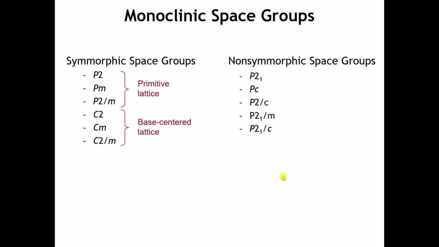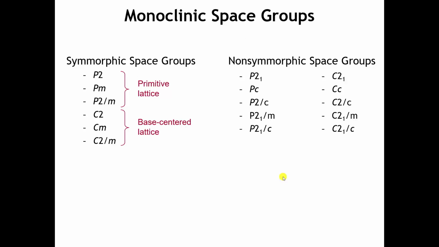That's P2/c, P2 sub 1/m, and P2 sub 1/c. Then if we take these permutations and apply them to the base-centered Bravais lattice, we generate another 5 space groups. So at this point, we have 16 different space groups.